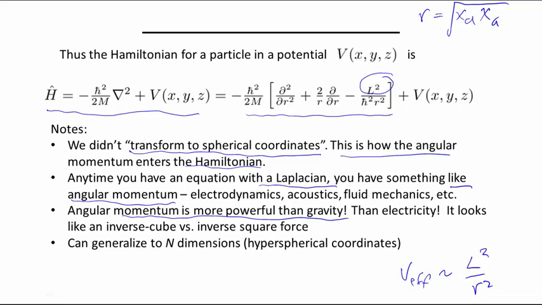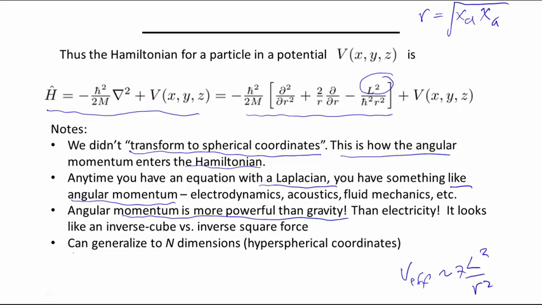This is part of the kinetic energy operator, and in the variational methods section, we saw that short distances correspond to high kinetic energy. So basically, the angular momentum presents an effective potential for particle motion that is repulsive, an inverse square law.